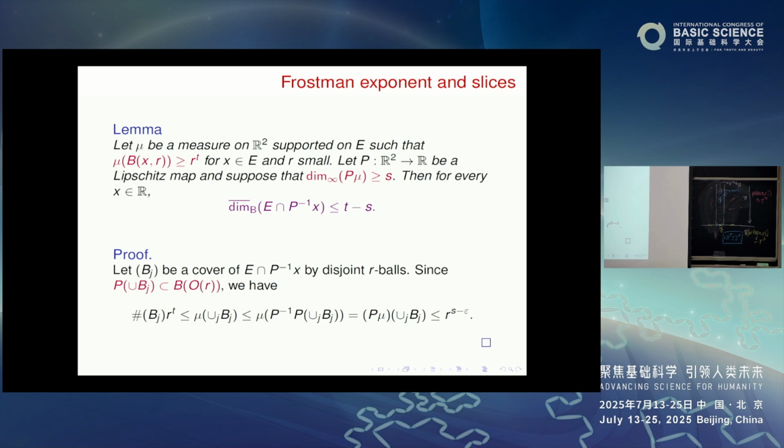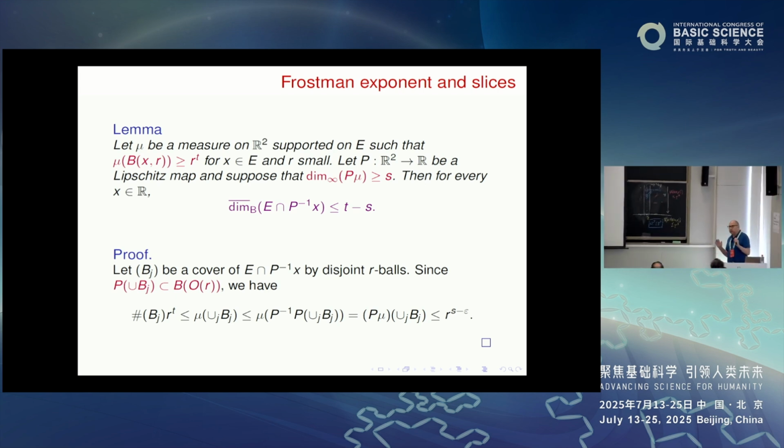So hopefully, even if you didn't understand the actual argument, you understood that it's a very simple argument that I'm too tired to explain. And this reduces the problem of estimating slices to the problem of estimating Frostman exponents for projected measures. Because this argument is so simple, in some sense we haven't really achieved anything, because we have reduced a difficult problem to another problem which is just as difficult, because the reduction is very easy.